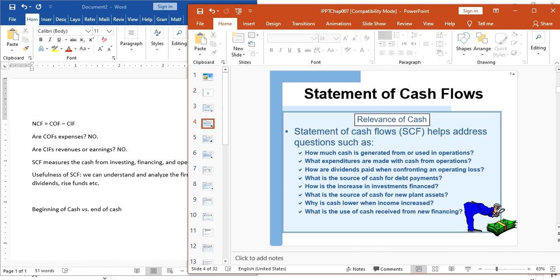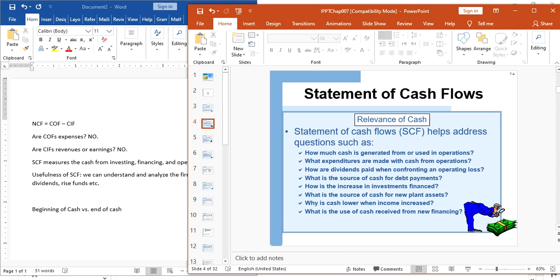How are dividends paid when confronting operating losses? What is the source of cash for debt payments? How is the increase in investment financed? What is the source of cash for new plant assets? Why is cash lower when income increases? What is the use of cash received from new financing?